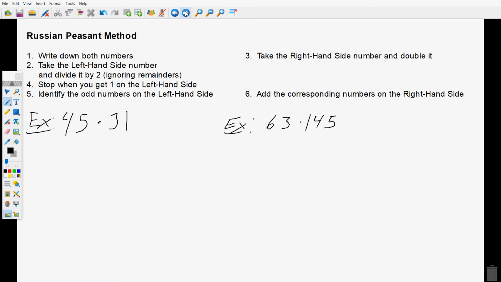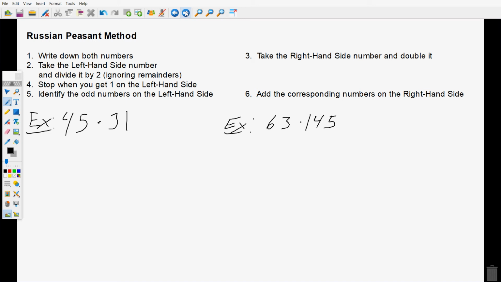A hint here is, when doing the Russian peasant method, have the bigger number on the left side, because step 2 says take the left-hand side number and divide it by 2. That means you're going to be taking the bigger number, making it smaller, and that's going to be better than taking the smaller number and just making it smaller, because then that would turn to step 3, which says take the right-hand side number and double it.